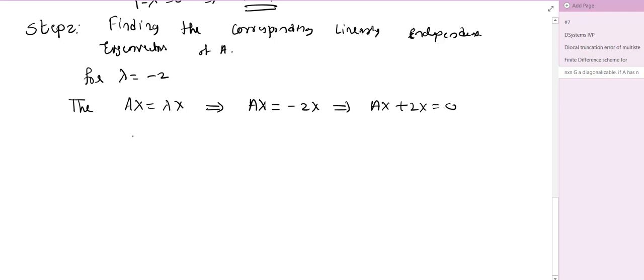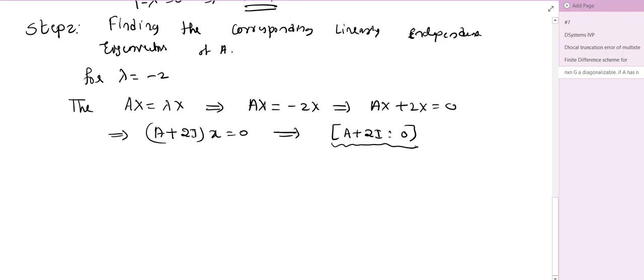Again it implies A plus 2I times x is equal to 0. This is nothing but my augmented matrix A plus 2I, augmenting with 0. So basically I have to solve this particular equation. This is how we are arriving at this particular matrix by using this method.